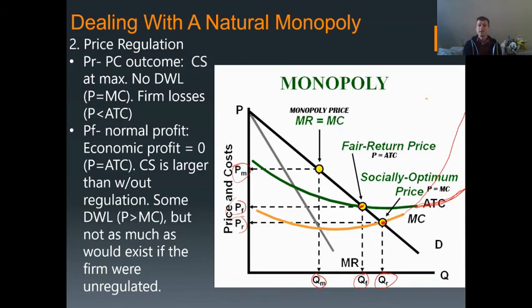So if they pay the firm to produce at this level, then they can lower the costs associated with it until they're able to either earn a profit or a normal profit. So that's an important distinction there, and that frequently shows up in the AP test as well. That in many cases, to regulate to the socially optimal price is going to require a subsidy paid to the firm. That's all you have to know about monopoly graphing and regulating.